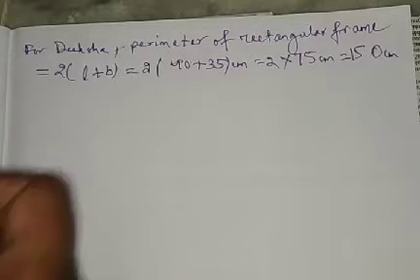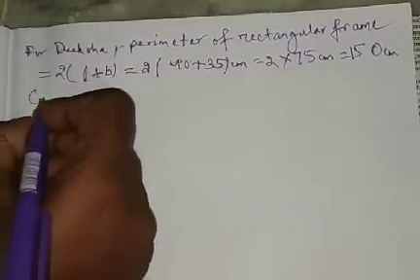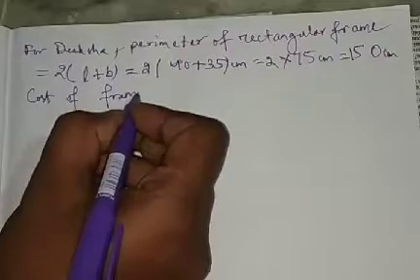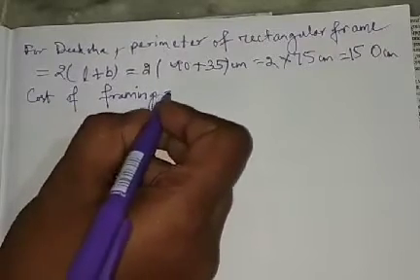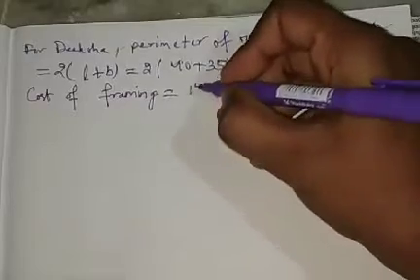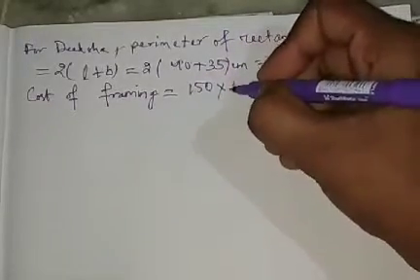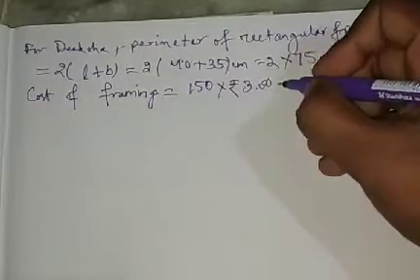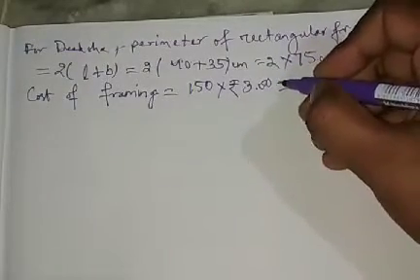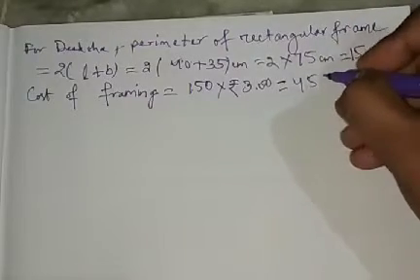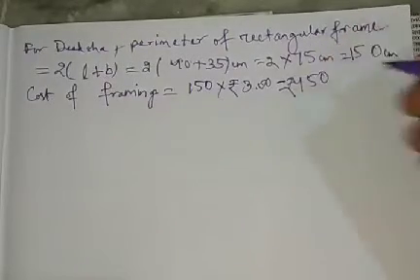after that how will we find the cost? Cost of framing equal to that perimeter 150 into rupees 3. Okay, so what will you find? 450 rupees.